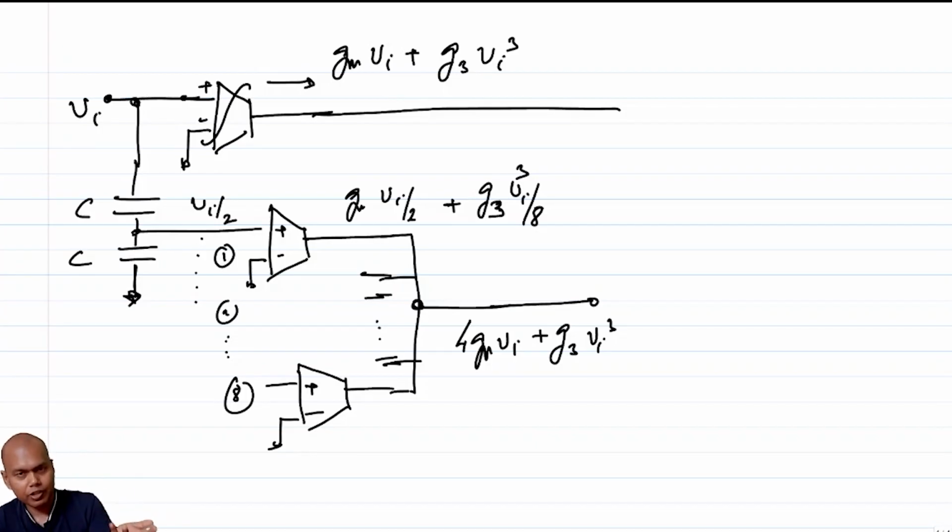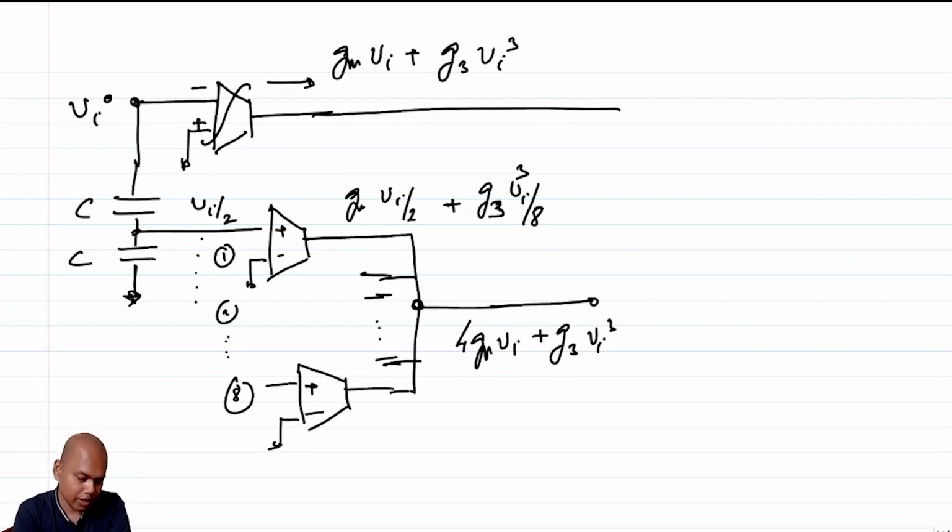Let's say we have a differential implementation, otherwise you are going to have a second harmonic term. With a differential implementation, there is a negative terminal available to you, so you can basically add up the negative terminals. Alternatively, if you do not want to do that, you can flip the terminals of the input here.